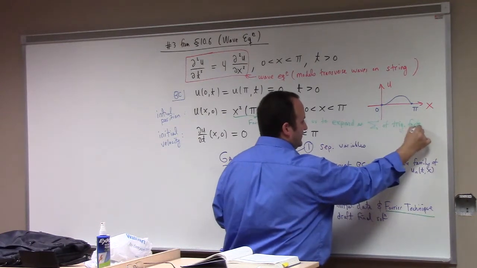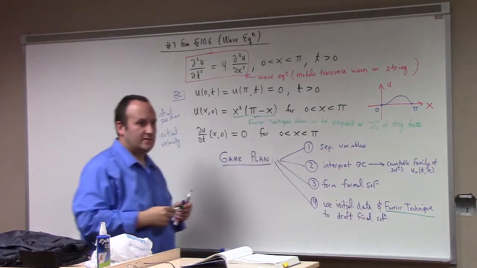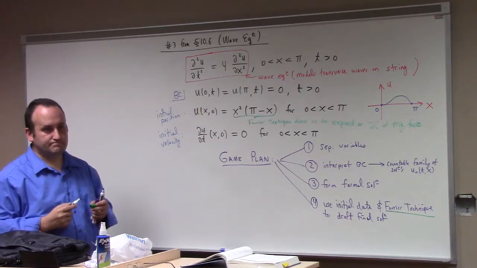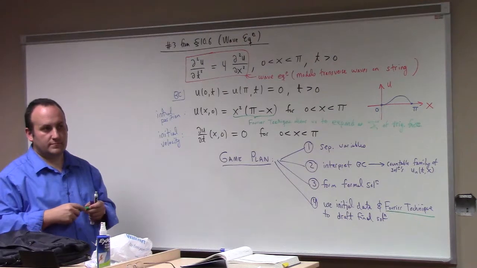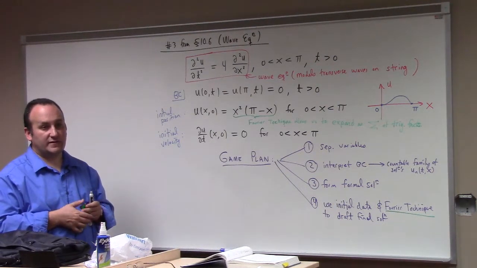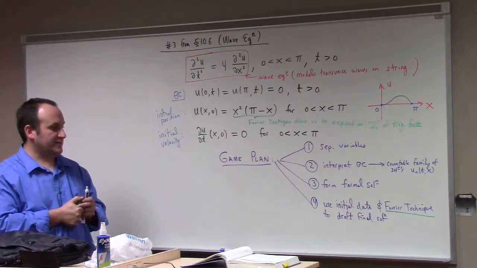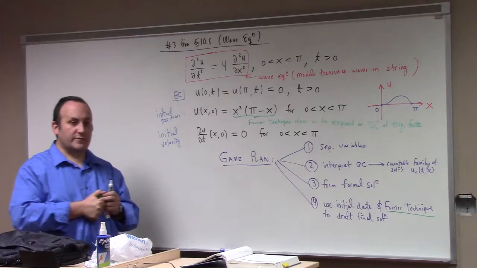Now, which trig functions we should expand that as will become more apparent as we work on this problem. I think we want a sine series for this one. But we'll come back to what I just wrote in green, all right? So let's start with number 1.